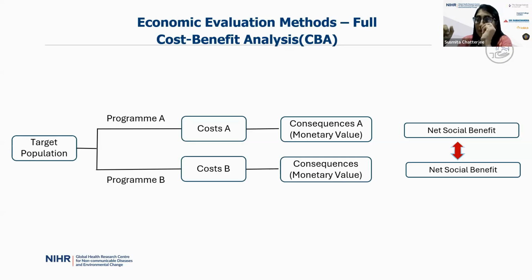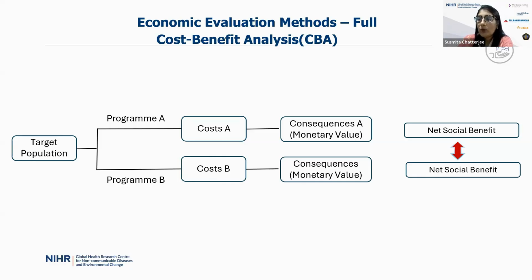Say, for example, in case of COVID-19 vaccination, my cost is 100. My benefit, monetary value of my benefit, is 200. So net social value is 100. For program B, which is my competitor, treatment of COVID-19 vaccine, suppose cost is 100, but my monetary value of consequences is 150.